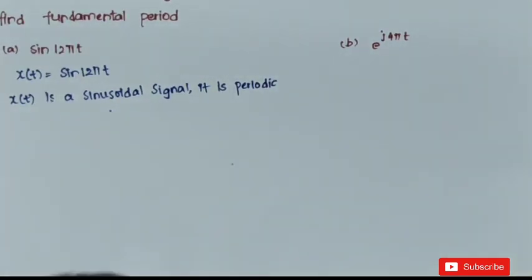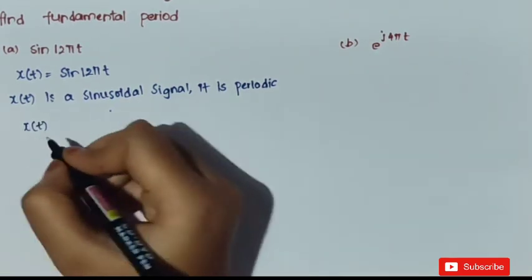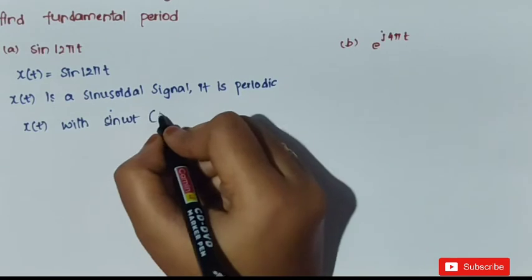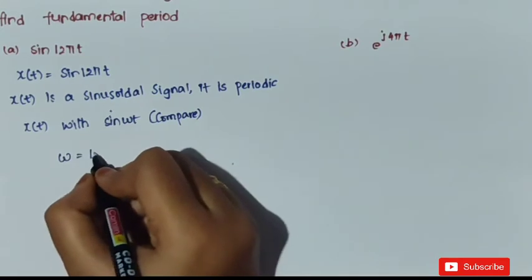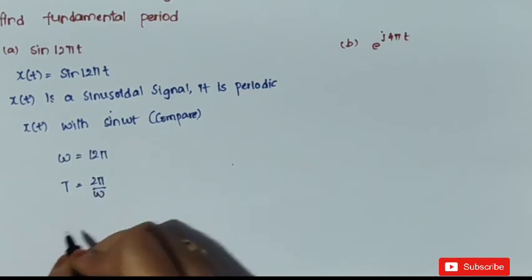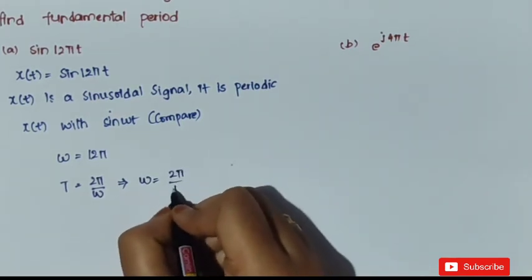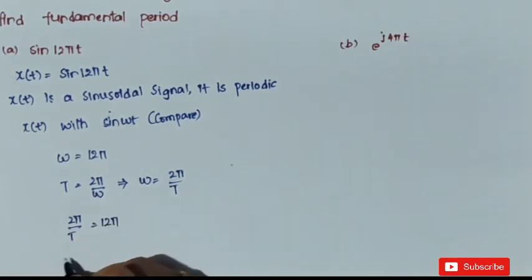By comparing x of t with sine omega t, omega is equal to 12 pi. Generally we know that T is equal to 2 pi by omega. Therefore omega is equal to 2 pi by T. 2 pi by T is equal to 12 pi, which implies T is equal to 1 by 6. Therefore the period is 1 by 6 seconds.